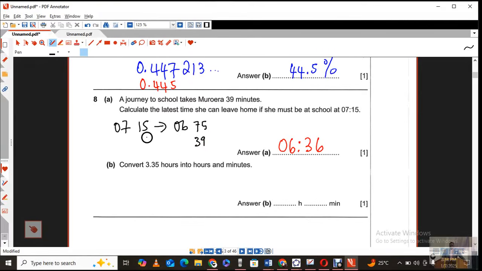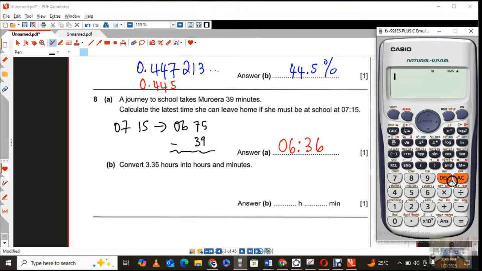The reason why I could not punch 39 minutes over there, I can't be subtracting 39 minutes from 15 minutes. So essentially, if you now have to do your subtraction, and I hope you don't have a problem with that, you can just simply say, okay, 75 take away 39. Of course, that is going to give you 36. So that gives you the 36 minutes. And of course, your hour or your time is 6. So that's also one way to go about that.